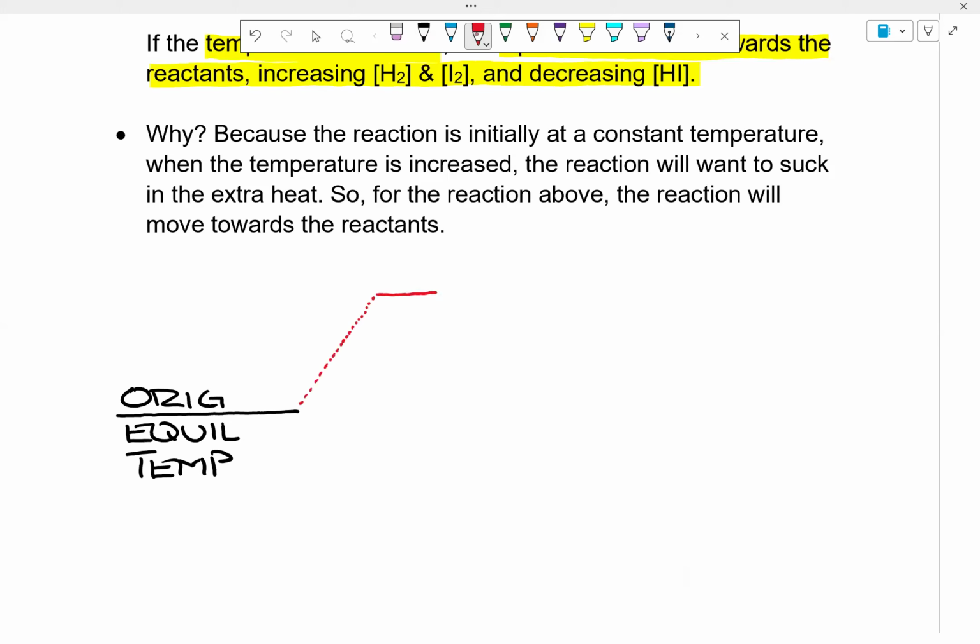If we increase the temperature, this is my stress: I've increased the temperature. So we have a new temperature.